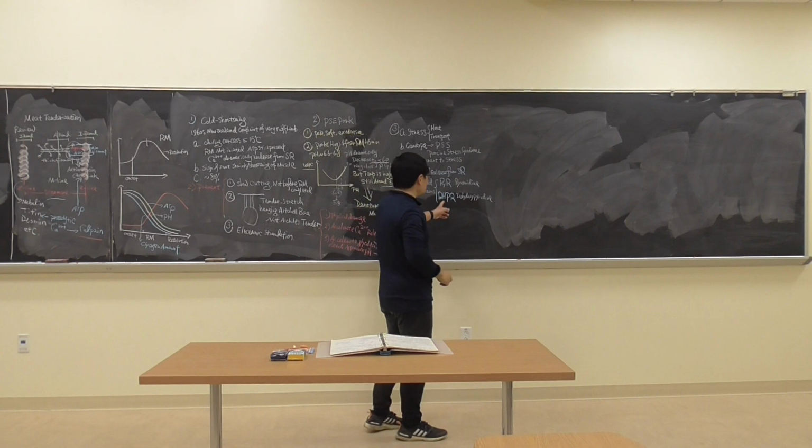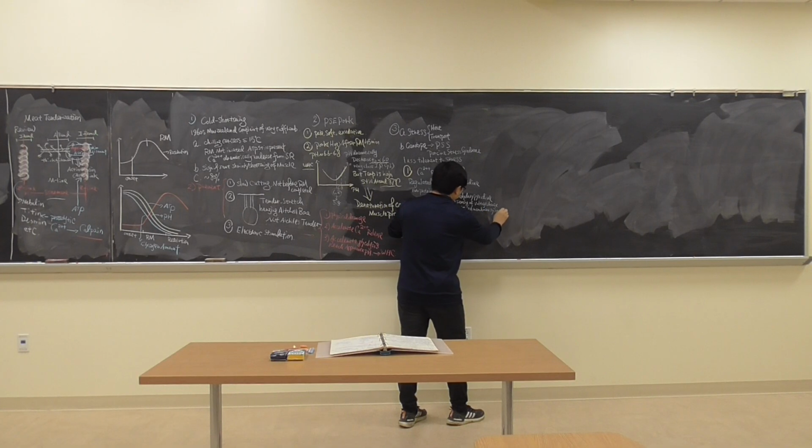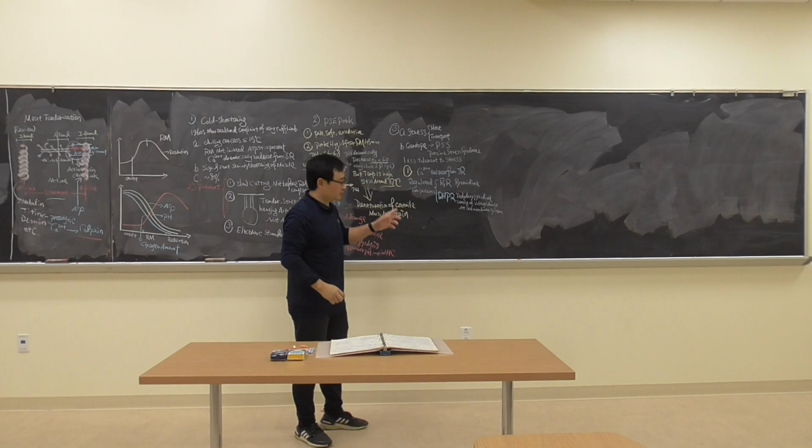Now, DHPR is a sensor of voltage change at the cell membrane system. So once you have a stress signal there, this protein will be sensing that.